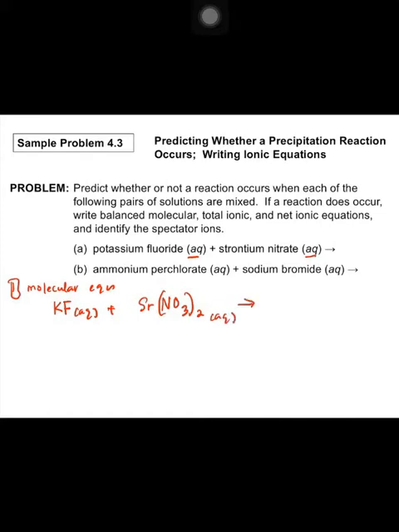So now let's predict the products. What kind of products will be produced? Kalium nitrat. Okay, so by exchanging its partner, dia bertukar pasangan dia, then K now will be attracted to NO3 minus, so dia akan jadi KNO3. And what do you think?